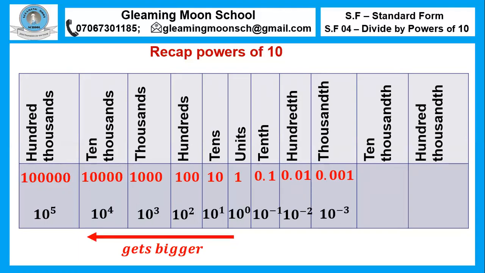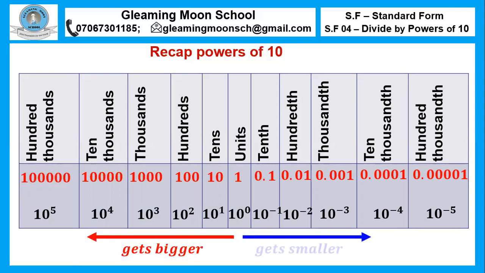And then divide again by 10, you get 10,000th, which is 0.0001 and a negative power of 4. And then to 100,000th, you divide by 10 to get 0.00001, which is a negative power of 5. So again, you notice that as we move to the right, the number gets smaller.